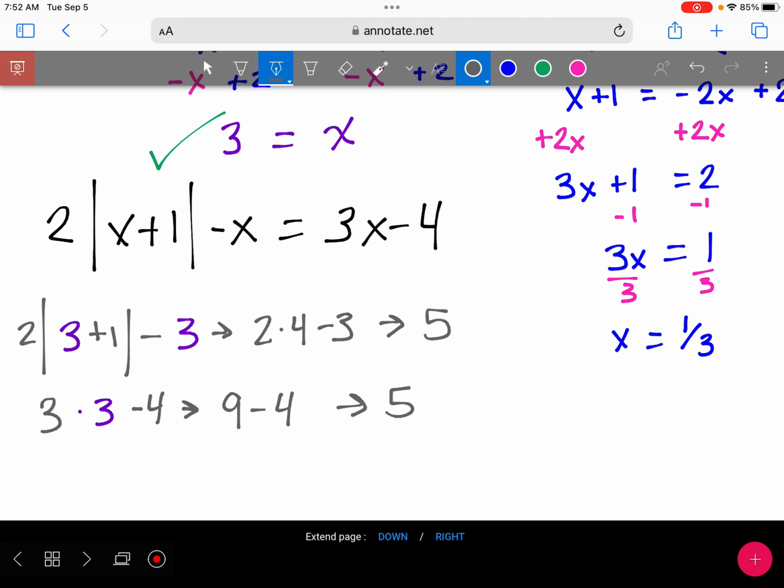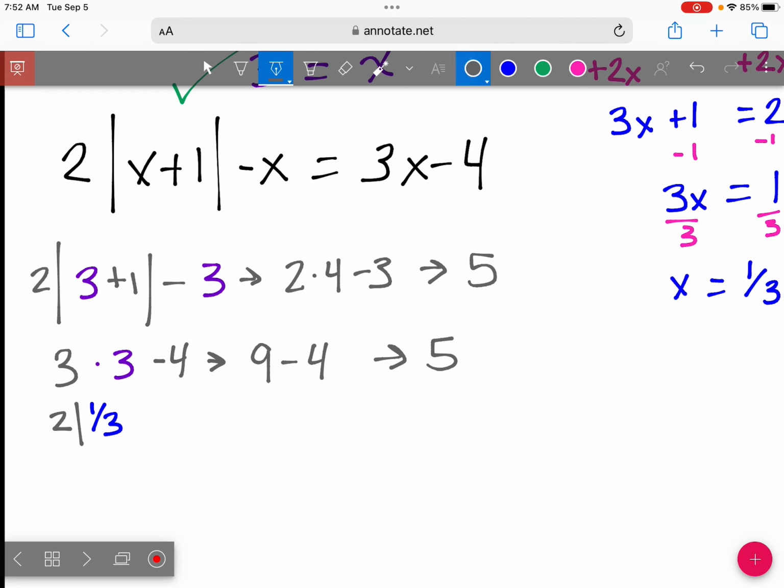Let's check the blue one. 2 times the absolute value of 1/3 plus 1, minus 1/3. So 1/3 plus 1 is 1 1/3, times 2 gives us 2 2/3, minus 1/3.